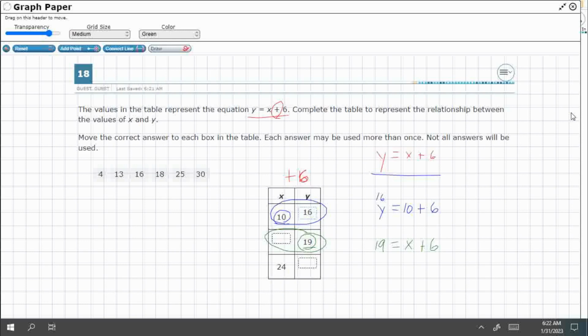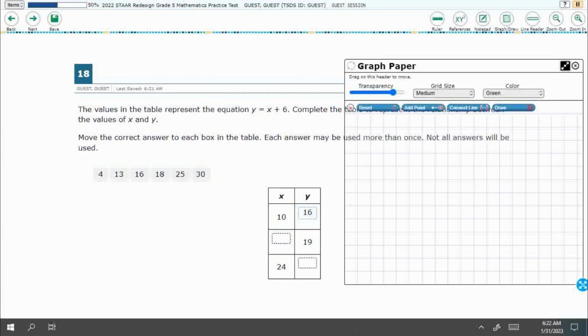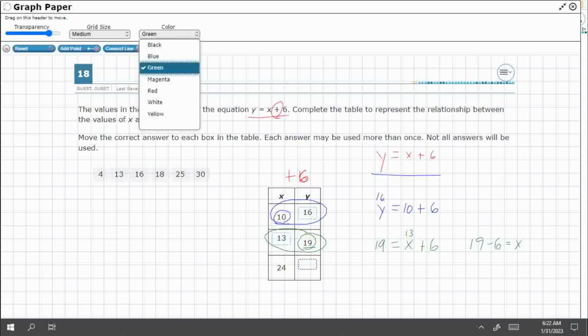So something plus 6 makes 19. Now most of us can kind of eyeball that. If we want to make a related number sentence, we could say fact family: 19 minus 6 is going to equal x. Some of you might have done that. Either way, that's going to get you 13. 13 plus 6 gets you 19. So you can use related fact families if you want to. Let's get our 13 over here.